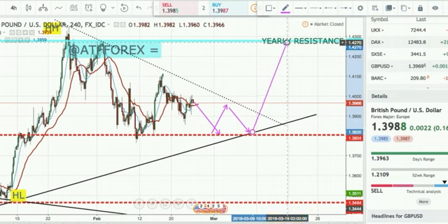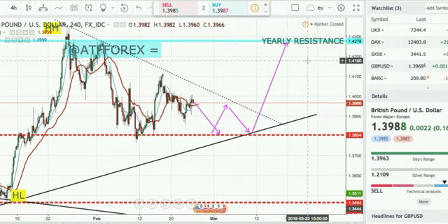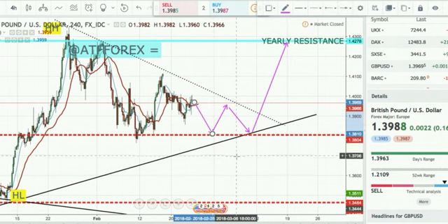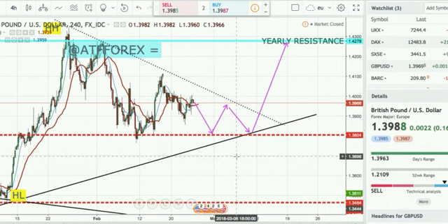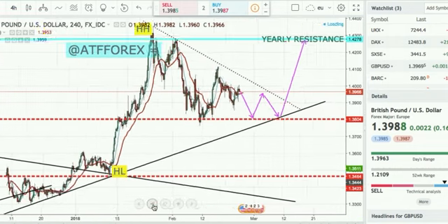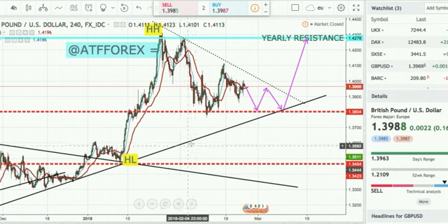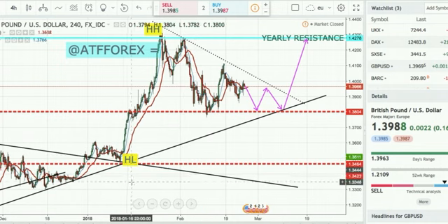Now this ties in with some of the analysis that we are foreseeing in the next coming weeks, and that's mainly because of the dollar weakness. For our existing members, you would have noticed that we've been calling the dollar weakness for quite some time. It's quite obvious on the USDJPY pair as well.